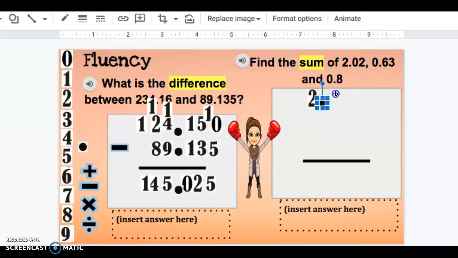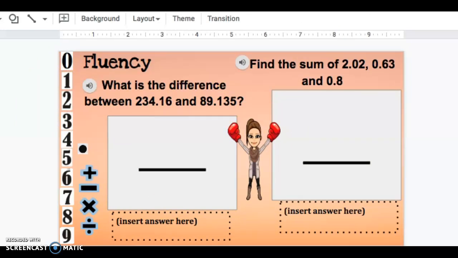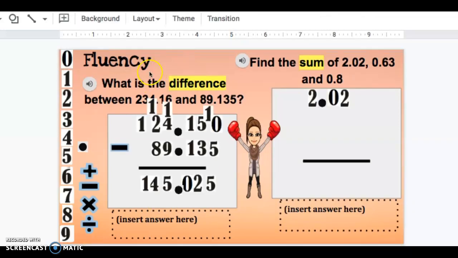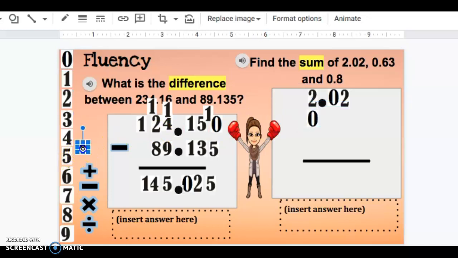And then I put my 0, point, lining up my digits, lining up my decimal point. So my decimal point is here.